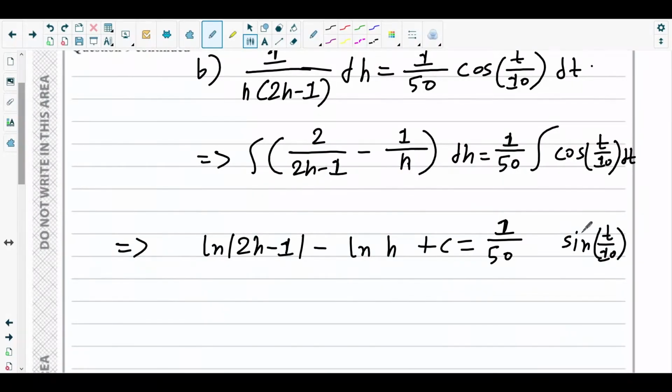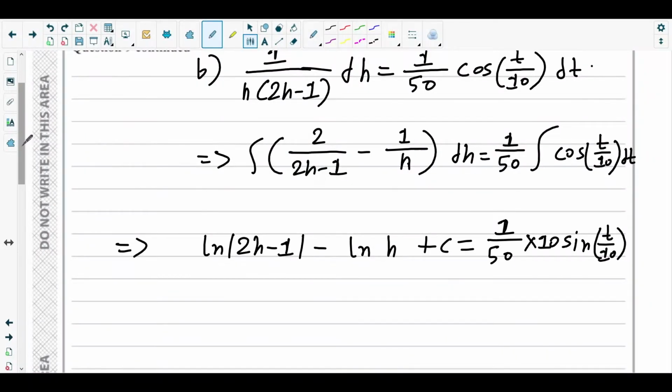It will be sine t over 10, and differentiate the part within the bracket, you will get 1 over 10. So use this 1 over 10 to divide the coefficient, which is 1 over 50. So 1 over 50 over 1 over 10, so 10 will get multiplied, right?